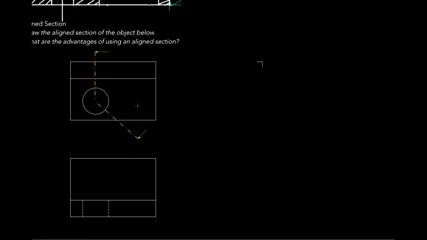Tapos if we were to do multiple aligned section or multiple offset section, parang mahirap din siya. So for example, kunwari, may ganyan tayo. Tapos kunwari, may butas dyan, may butas dito, may butas dyan, butas dyan. And it's an angle, no?